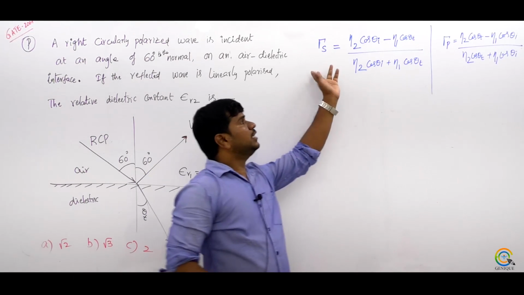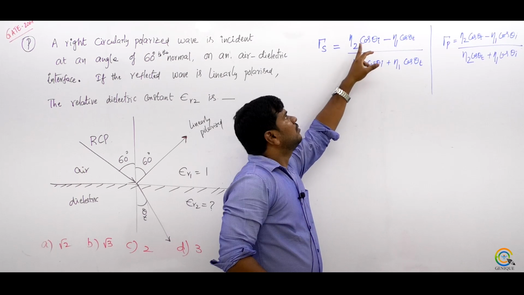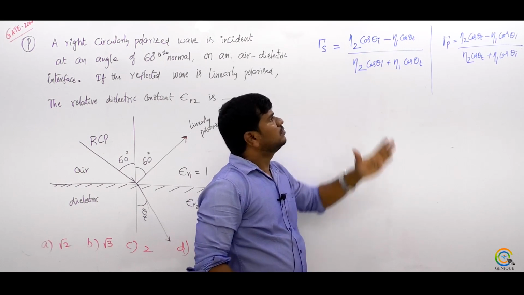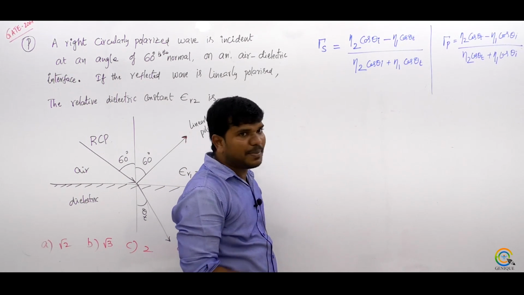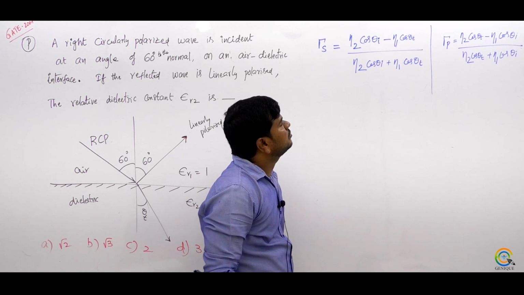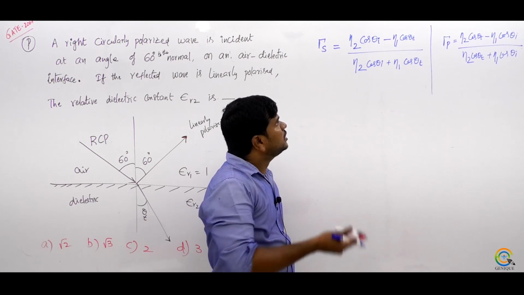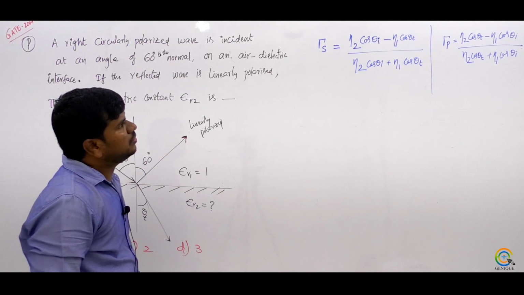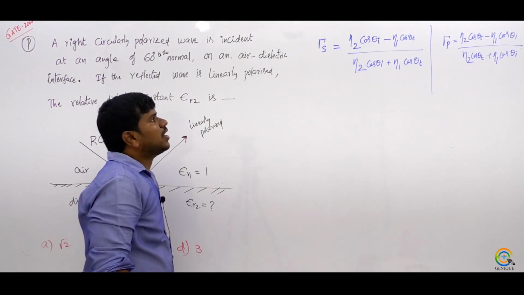In normal incidence, see what happens. Theta I and theta t are the same, so the cosine terms cancel.